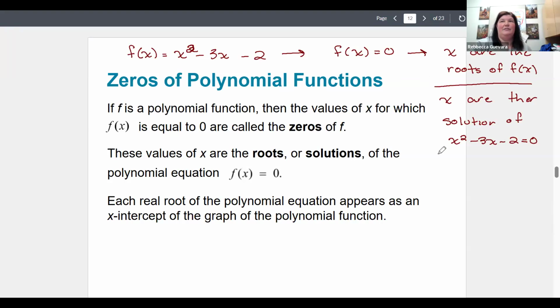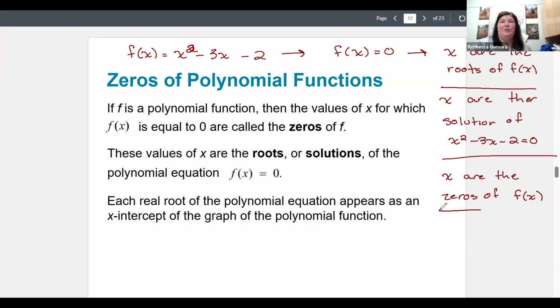That makes a little bit of a difference in what we're looking for. Or you could say that x are the zeros of f of x. But another way of looking at this is that the x values are going to be your x-intercepts.